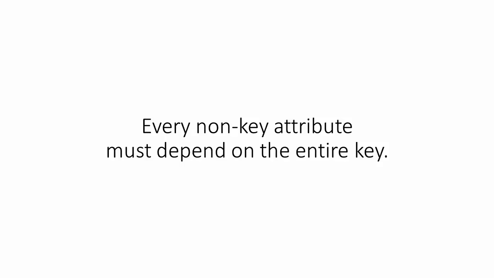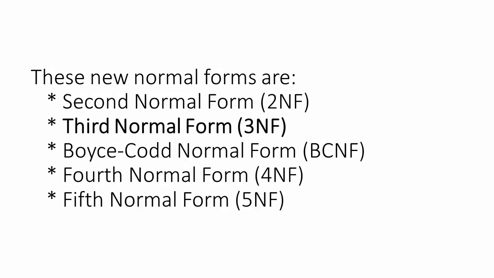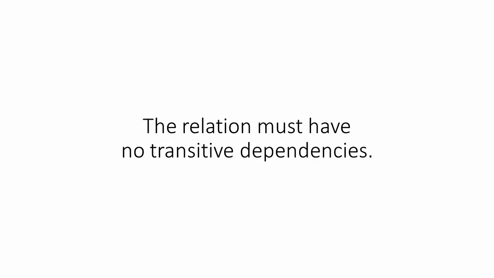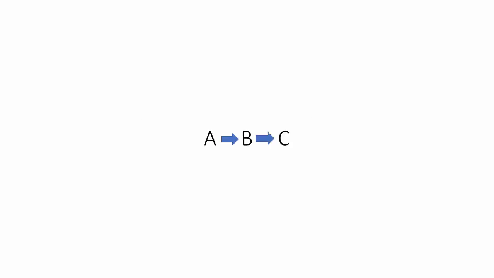For a relation with a composite key, all non-key attributes must be dependent on the entire key, not just part of it. To be in third normal form, a relation must be in second normal form, and in addition, it must have no transitive dependencies. A transitive dependency is when A determines B, which in turn determines C.